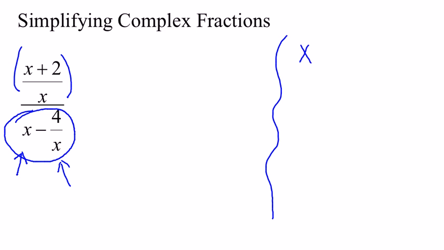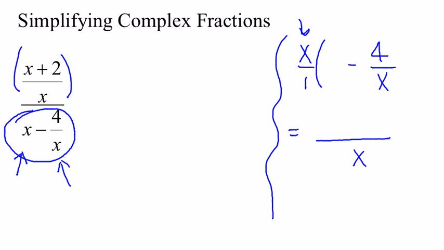So we have x over 1 minus 4 over x. So all that we're going to do is find the least common denominator, which is x. So notice that this first fraction here doesn't have a denominator as x, so we must make it have a denominator of x.